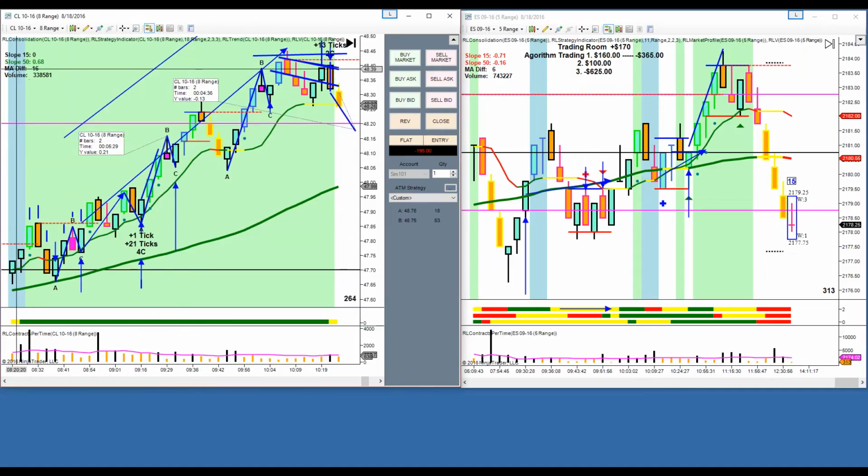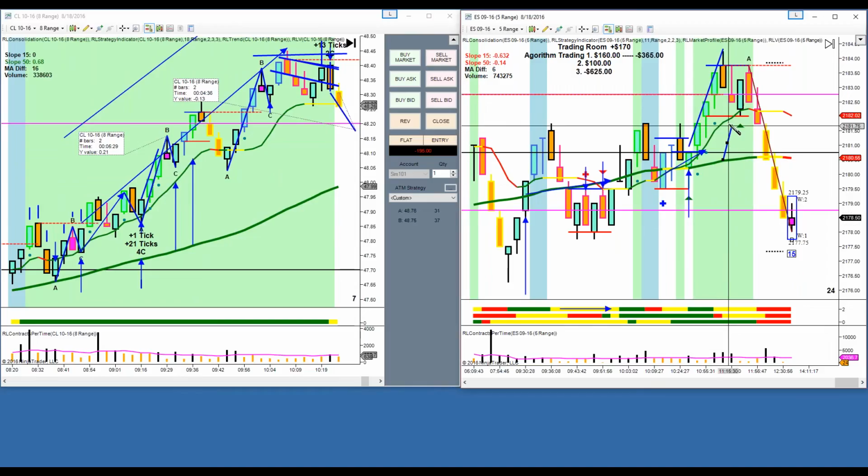So the MA diff is simply short for moving average diff in ticks. So when the space between the 15 and the 50 is 18 ticks or less on an 8 range, 13 ticks or less on a 5 range, you're not overbought and you're not oversold.